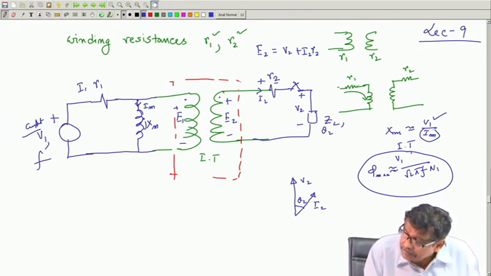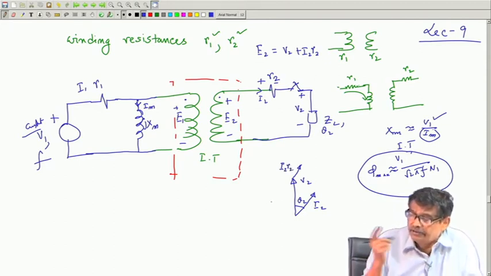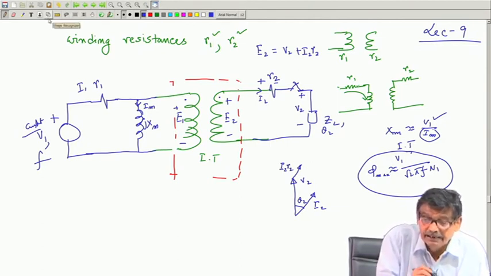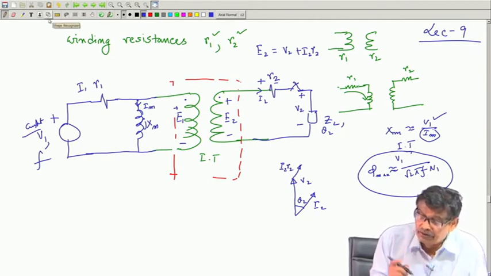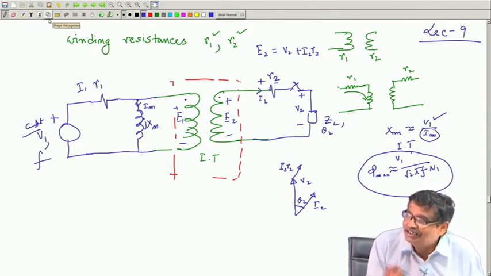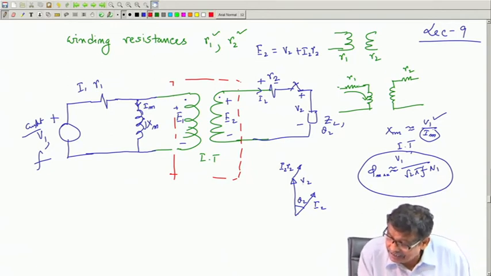And the I 2 R 2 drop will be very small, because R 2 is small. If you do that, you will get your E 2, the induced voltage in this ideal transformer, which I will draw by a red line here.